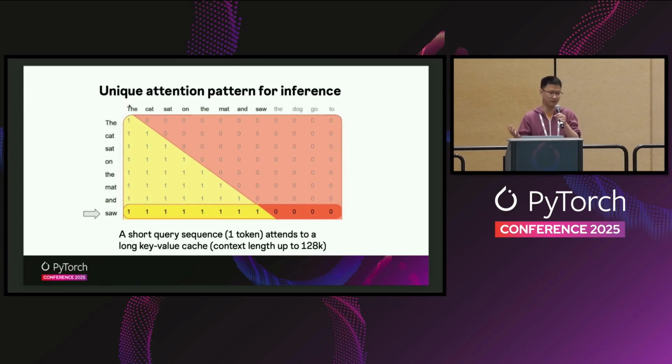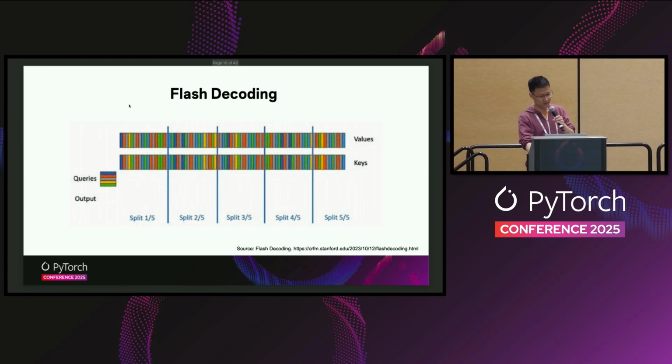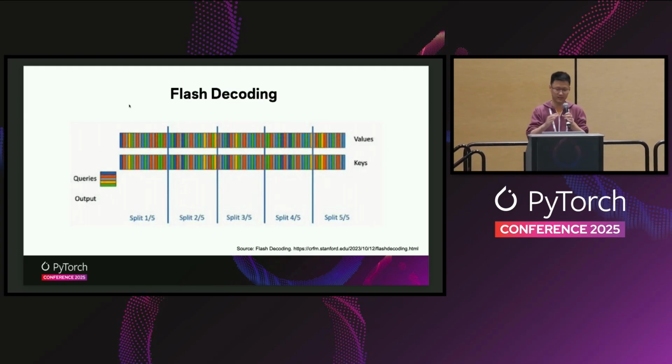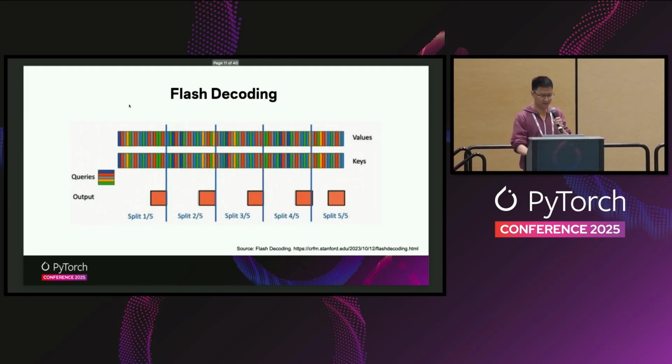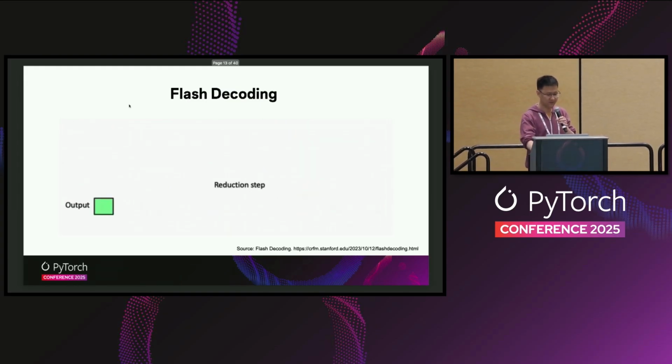But we still want the parallelism to make it faster. That's why we have the split-K optimization from flash decoding. This is the work from Tri Dao. So basically, we split on the KV length dimension, like into these 5 splits, and we compute some output for every partition, every split. And then there is a reduction step to get the final output.